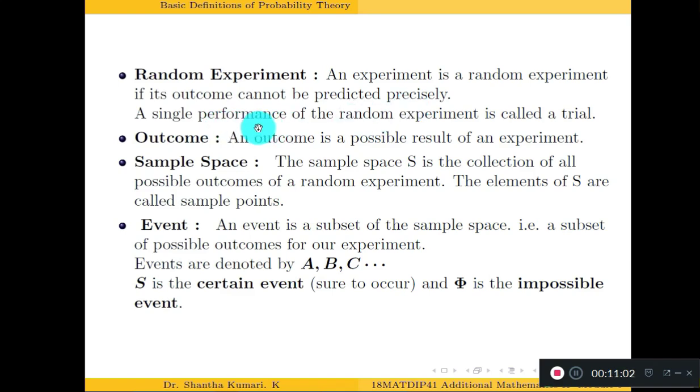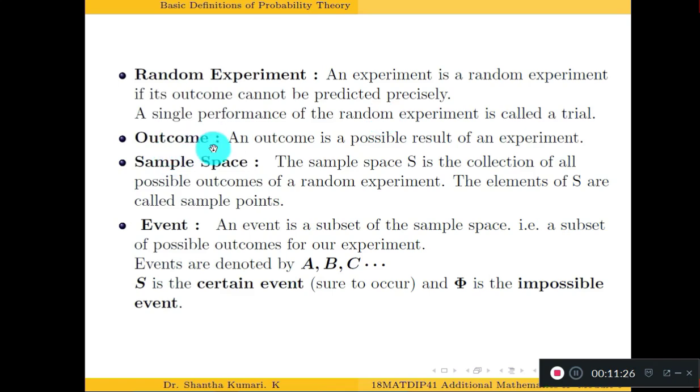When you perform a random experiment once, it is called a trial. So if you are tossing a coin once, it is one trial. If you are tossing a coin twice, it is considered two trials.